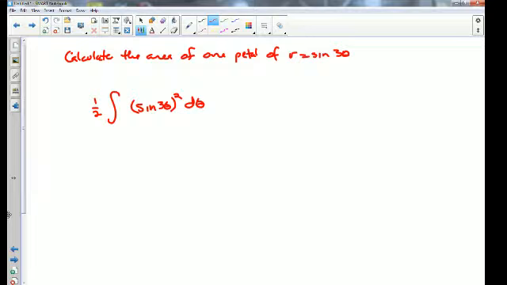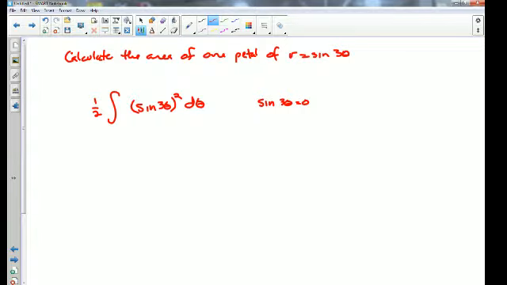Yeah, you need to figure out where sine 3 theta equals 0, because that's where the petals form. And you should get 6 answers for that. So where does that occur? We're thinking through this algebraically.